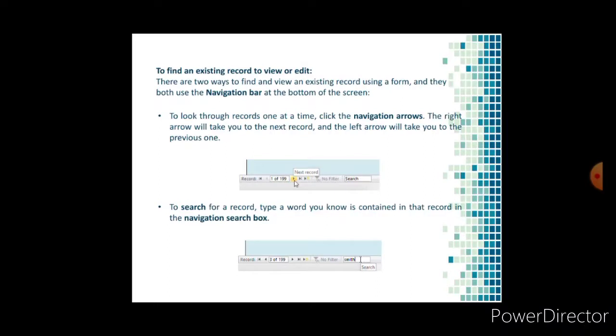And to find an existing record to view or edit. There are two ways to find and view an existing record using a form, and they both use the navigation bar at the bottom of the screen. To look through records one at a time, click the navigation arrow.